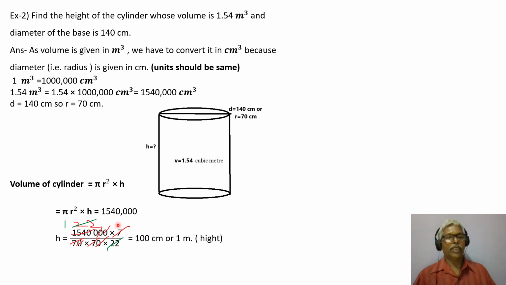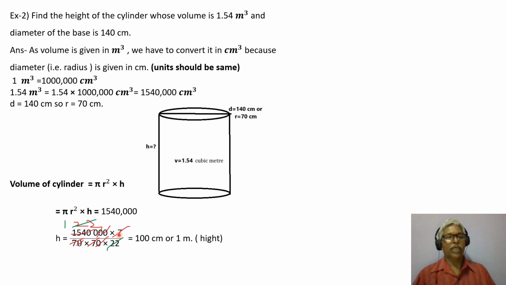You know these simple calculations. Pi goes down, r square also goes down. So h equals the volume divided by 70 into 70, that is r square, into, as pi is on the denominator side, 7 upon 22. You know this.